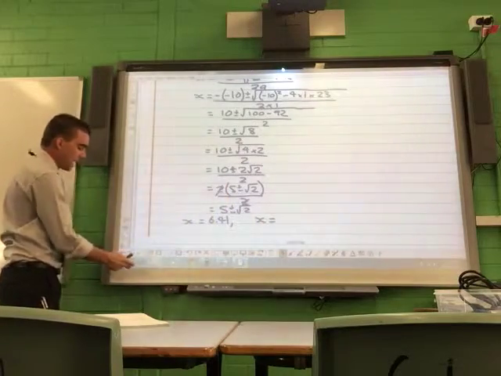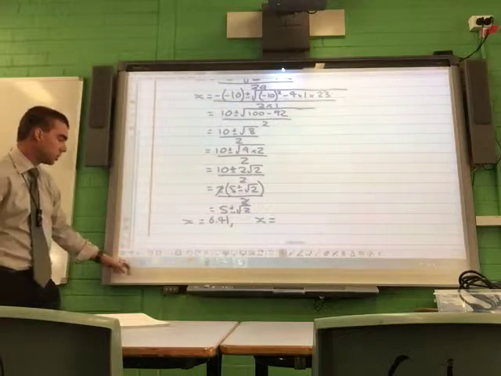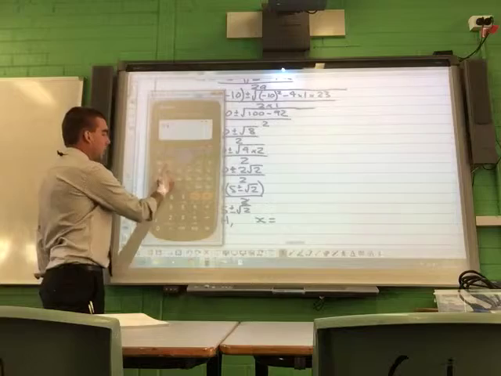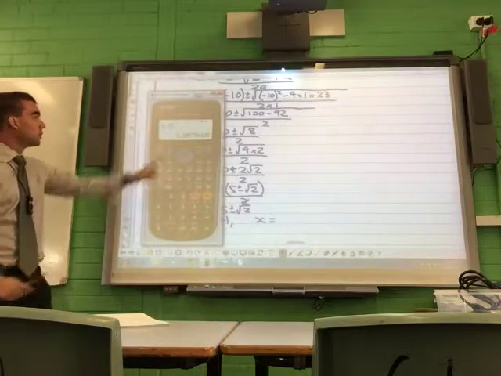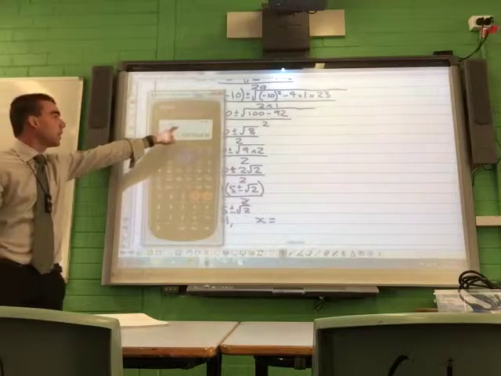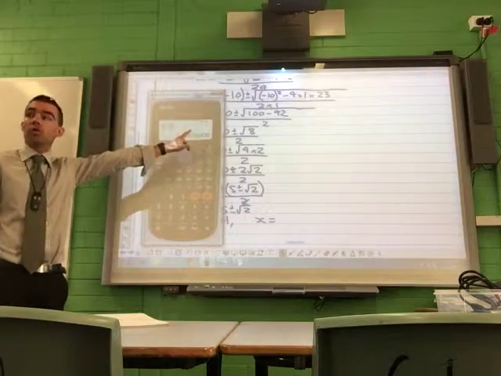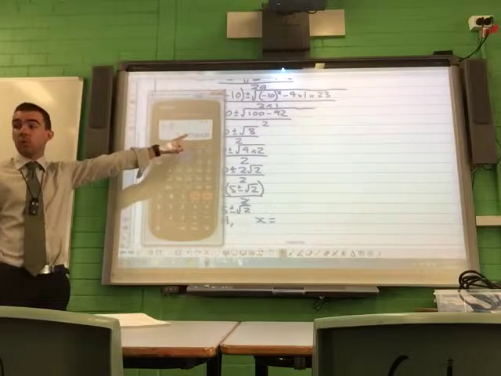And then we need to do the negative root. We've got plus or minus because there are 2 possible solutions in most instances. The 5 take away square root of 2. So it's 3 is the first significant figure, 5 is the second, 8 is the third. You need to look at the 4th so you can round, which is 5, which is 5 or higher.